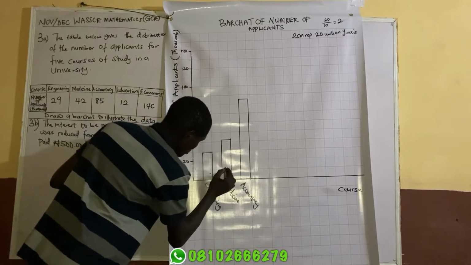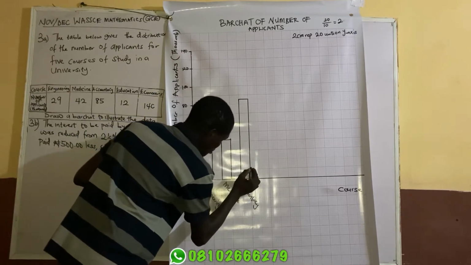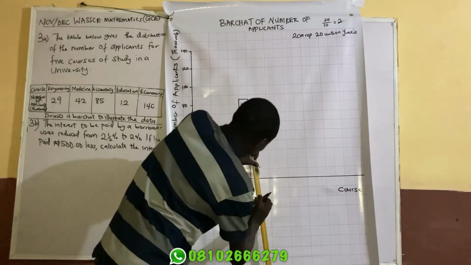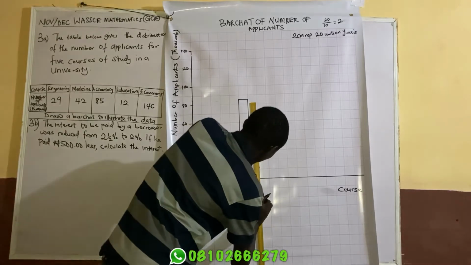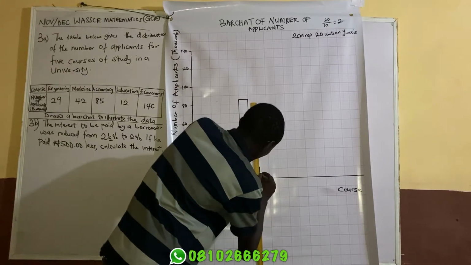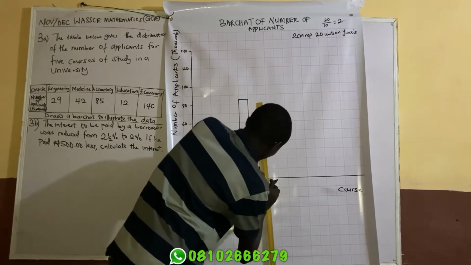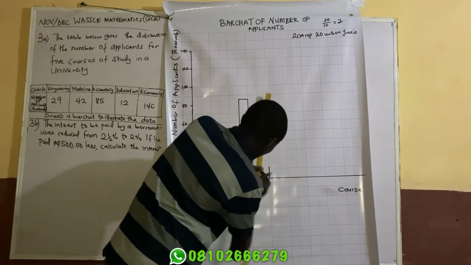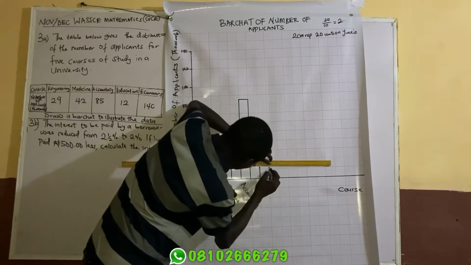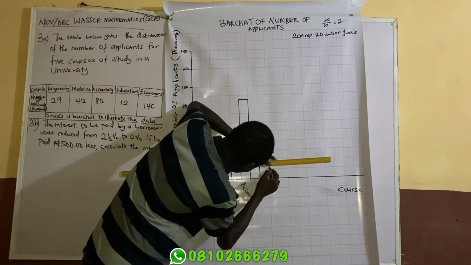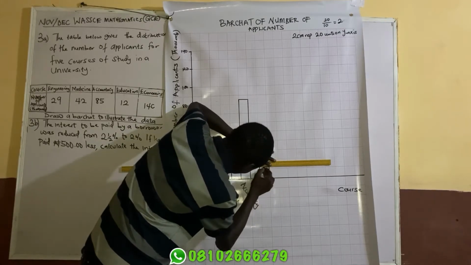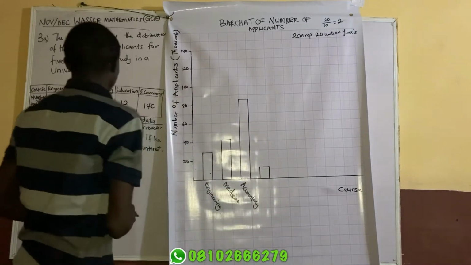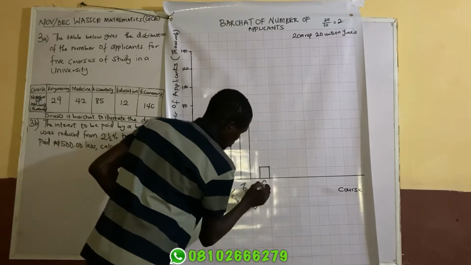Just leave an empty space, then 12 will be around this place. So we have education.